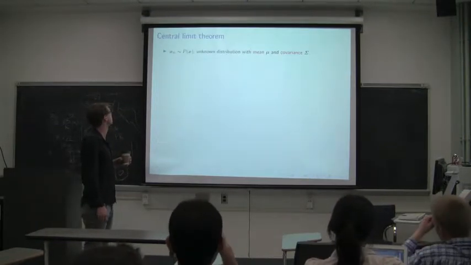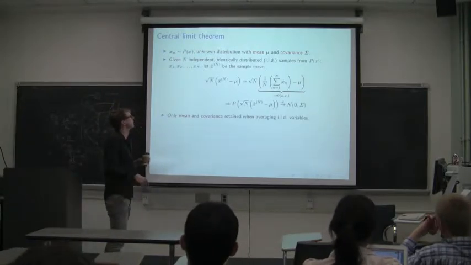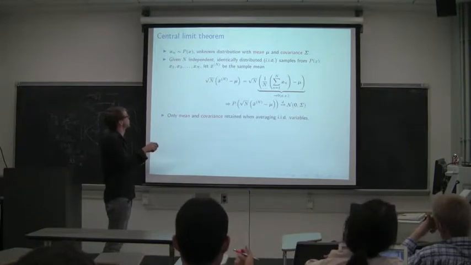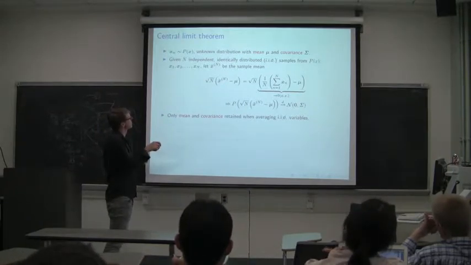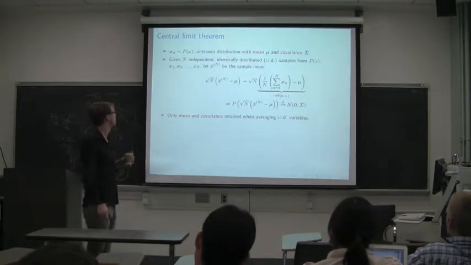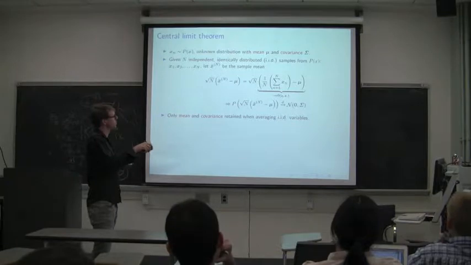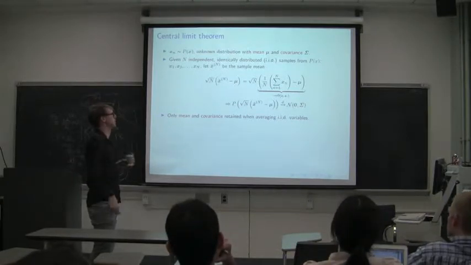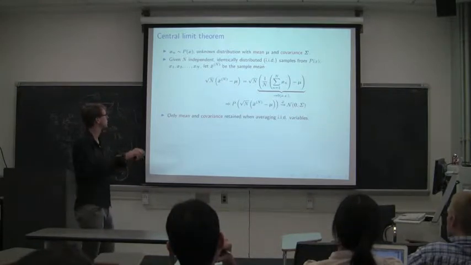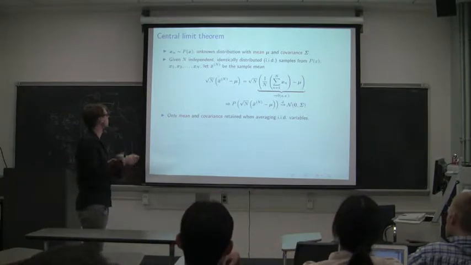We also said that this is due to the central limit theorem, which says that the difference between the sample mean and the expectation of a variable, scaled by square root of n, goes to a normal with zero mean and covariance equal to the covariance of x, of a single sample.